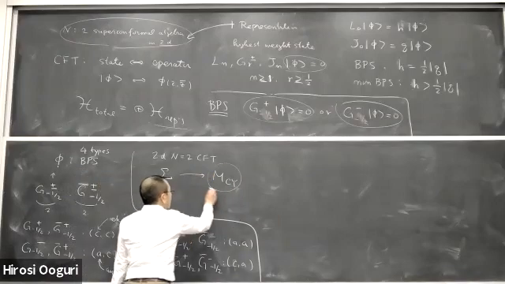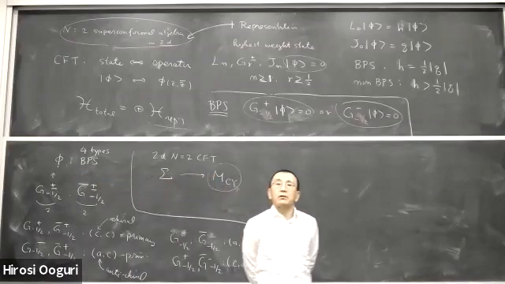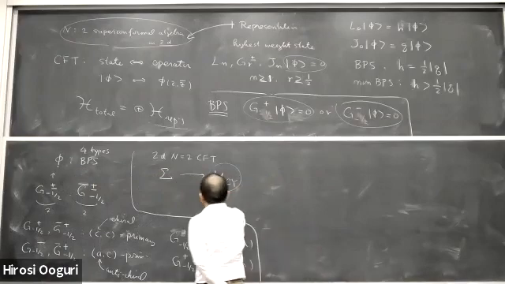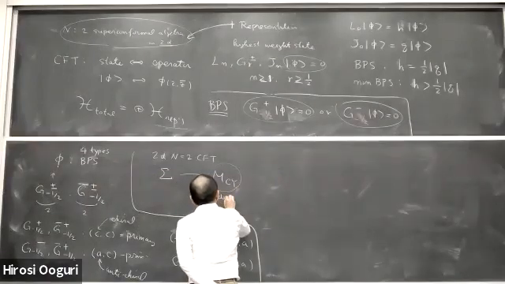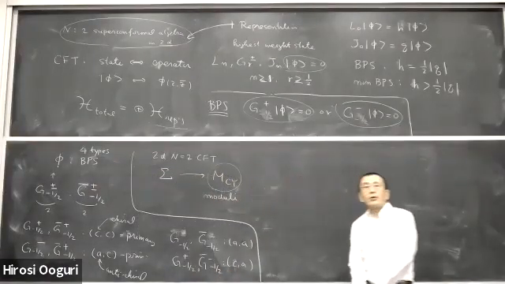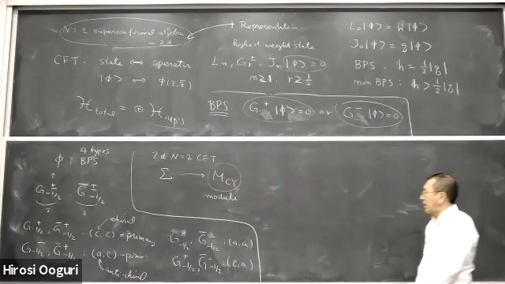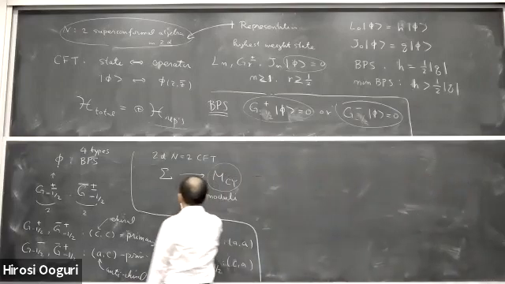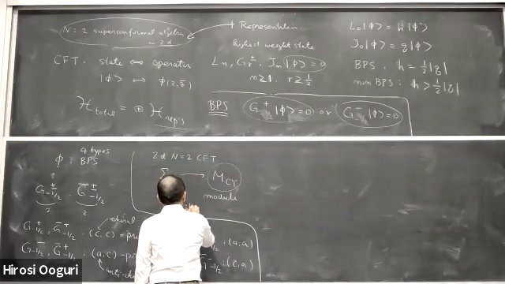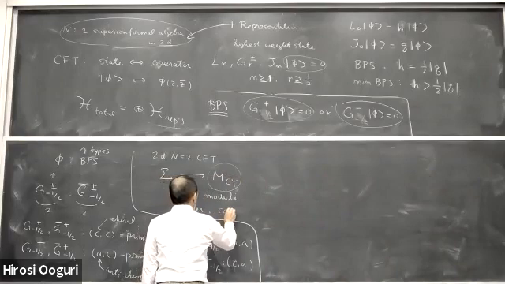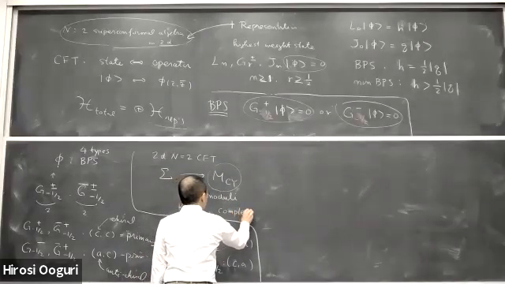In general, the Calabi-Yau manifold comes with parameters called moduli. And there are 2 types of moduli for a Calabi-Yau manifold. One is called scalar moduli, and the other is called complex structure moduli.